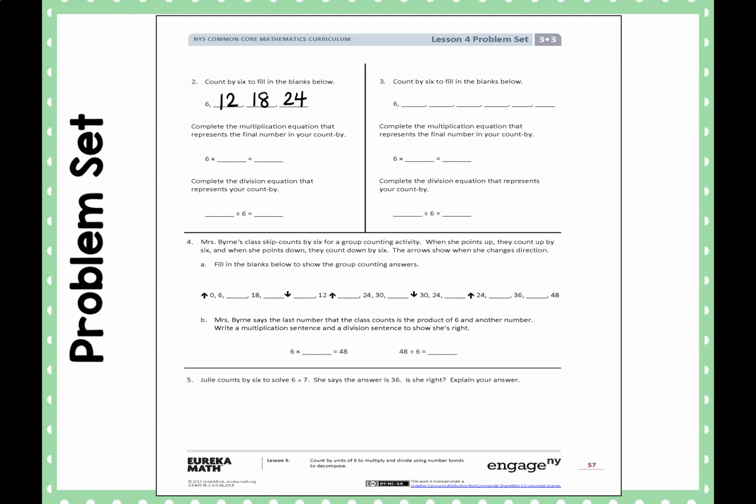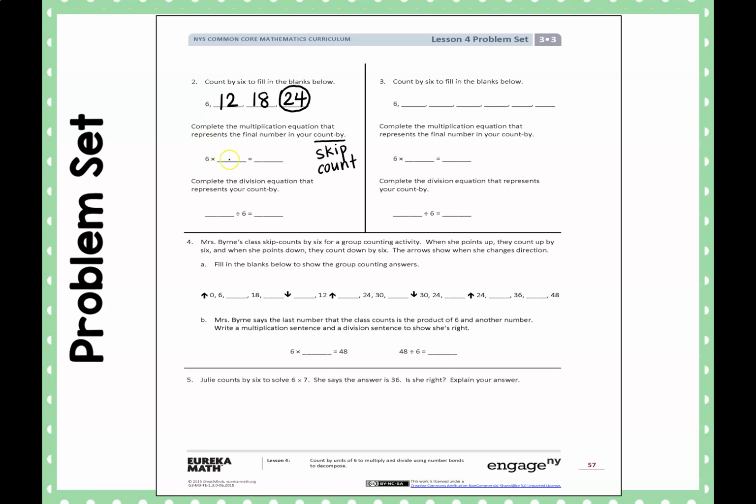Okay, the next part says complete the multiplication equation that represents the final number in your count by. When they say count by, they just mean skip count. Okay, so the final number, so that's 24. So let's think about that.